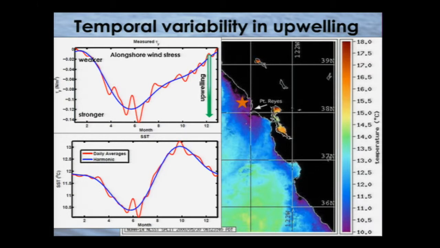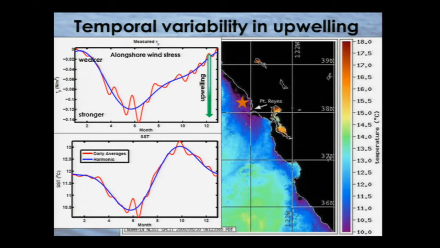The wind measurements are inverted, so stronger winds are a more negative value. As we move through the year, we've got really strong winds from the north in the spring and summer, and there's some variability from week to week. Just to remind you, we get more upwelling when there's more wind.